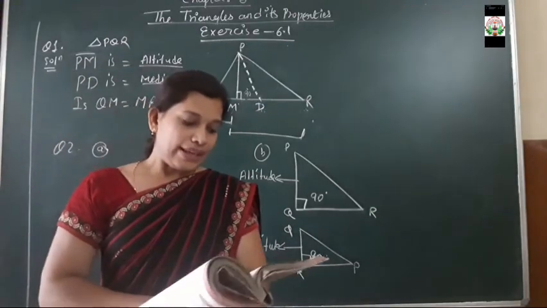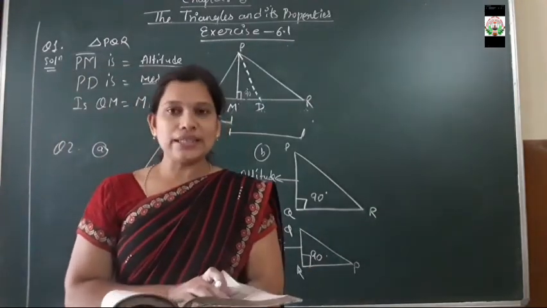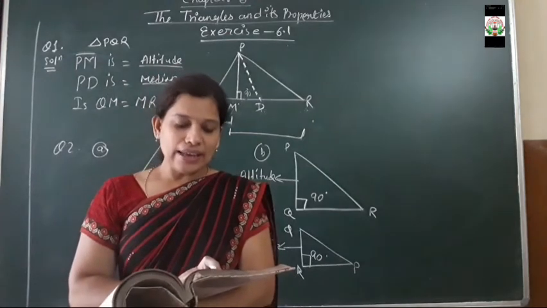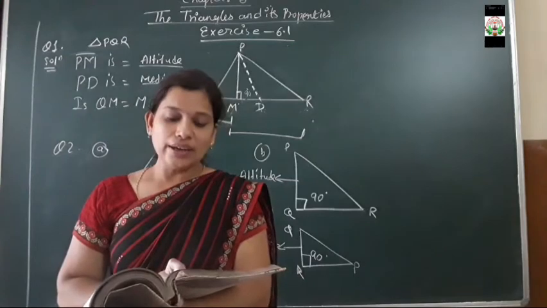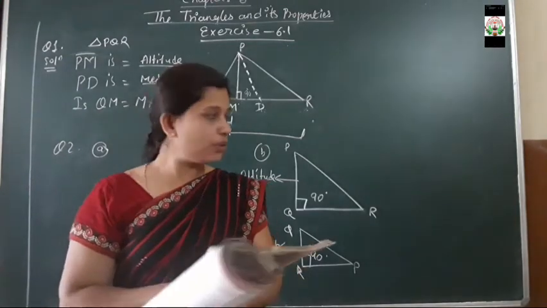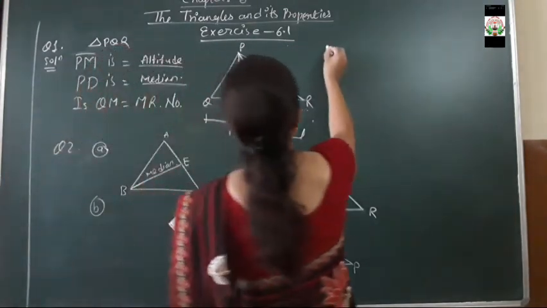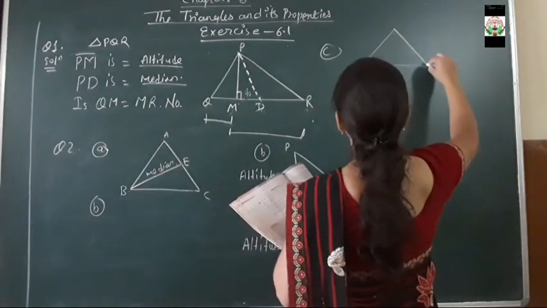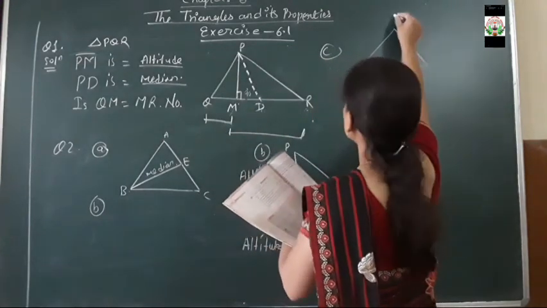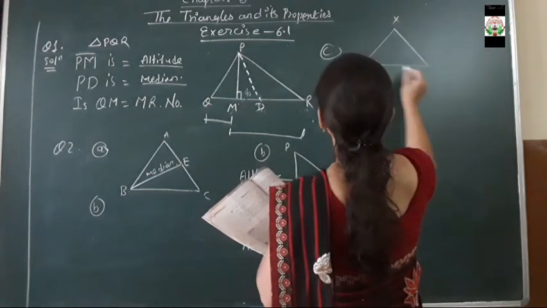Next, in question number 2, C part, it is said that in triangle XYZ, YL is an altitude in the exterior of the triangle. So here we are having the C part. The name of the triangle is XYZ.